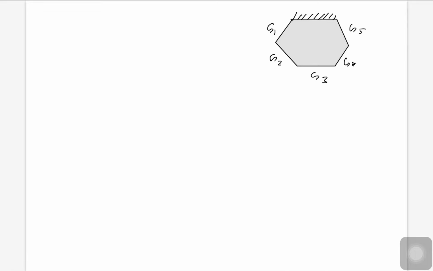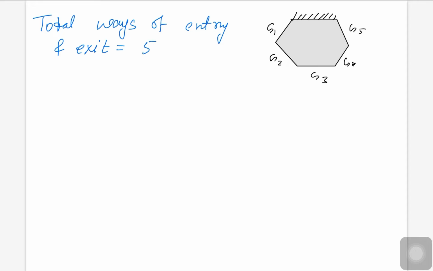In how many total ways can you enter and exit? I have a total of 5 ways of entry, and "and" means multiply, 5 ways of exit. So there are a total of 25 ways of entry and exit.